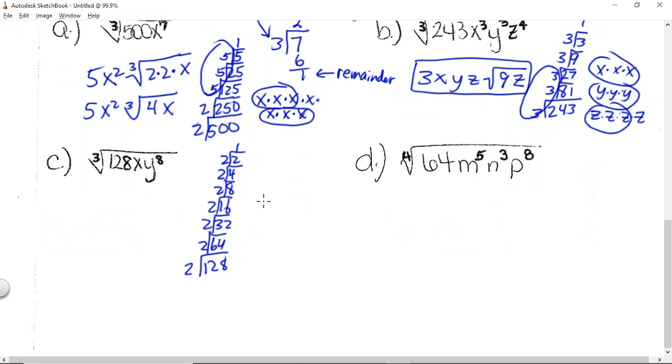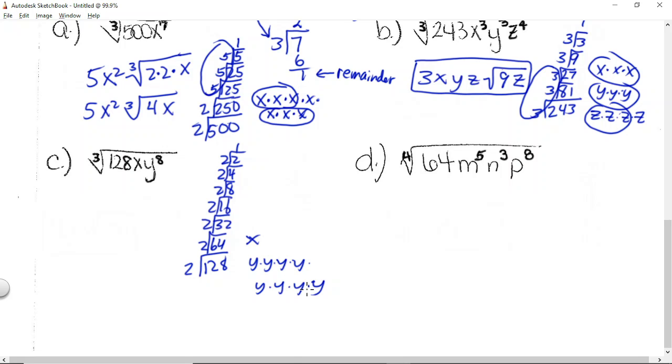For the x, we'll show both ways of doing this again with the x's and the y's. So you have just a single x, but for y, you have 8 of them. So y times y times y times y, there's our 8 of them.